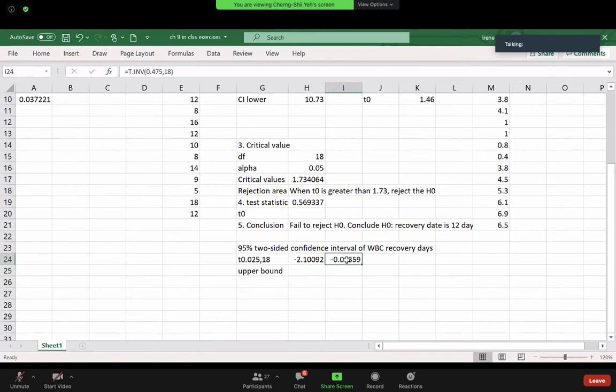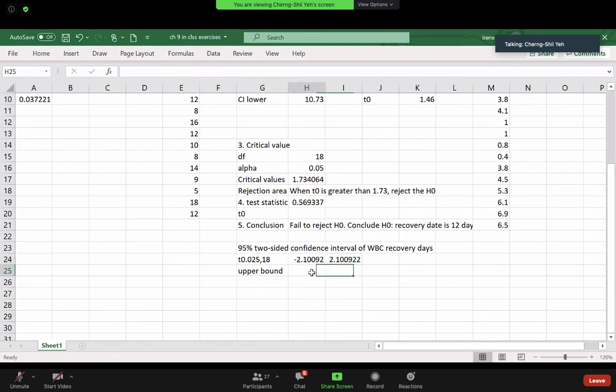Somehow I messed it up. You're right. 0.975. Thank you. One subtract this, right? Oops. What was I doing? That gives you the negative one. This gives me the positive one. Okay? 1 minus 0.025, 18. Thank you.